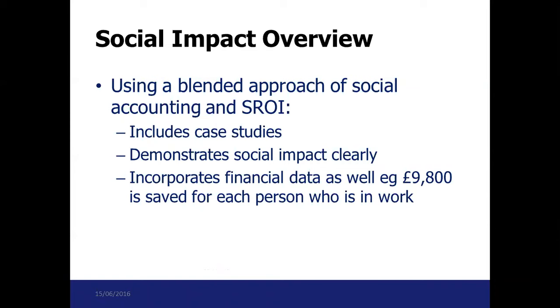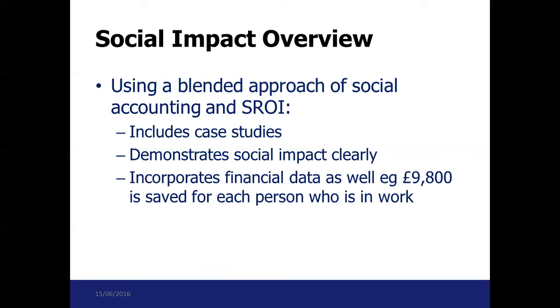Whereas social accounting is much more telling the story of the people and the community and the environment and the difference that you make. So it's a lot wordier and not necessarily so easy for people to quickly grasp and understand. But I personally think if you just include a number, then you lose all the story and the detail that's behind the social accounting method and what you would get from including case studies.